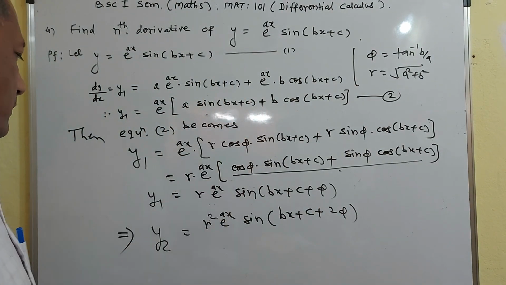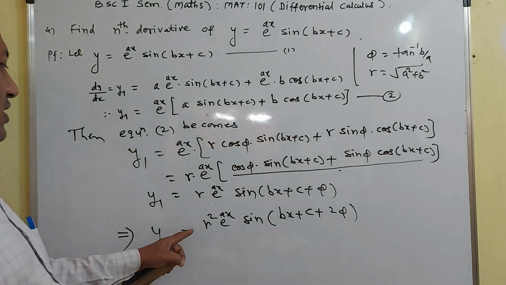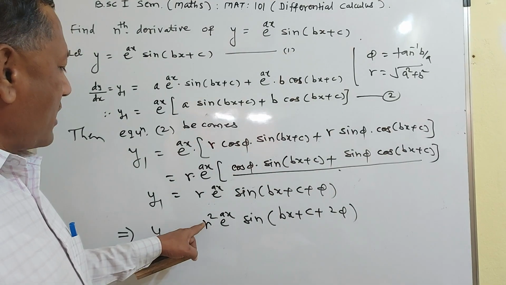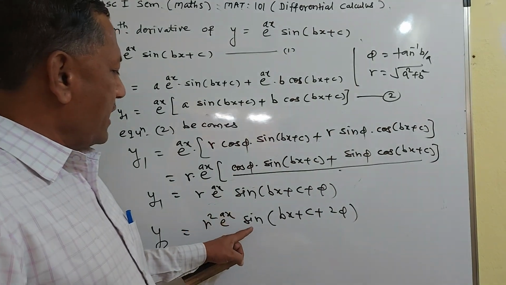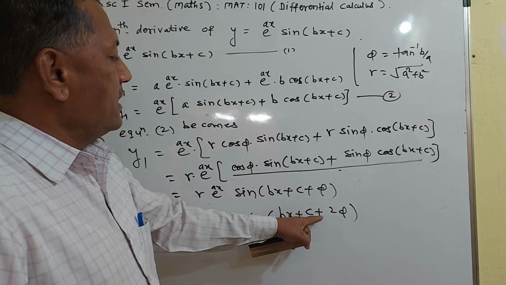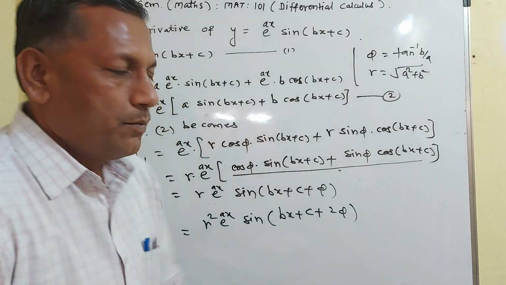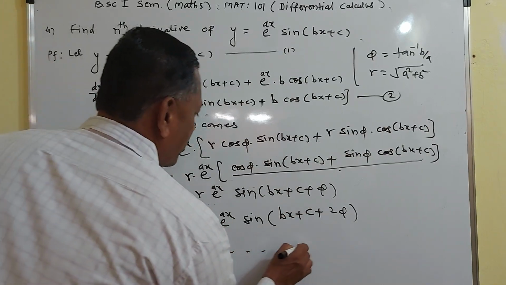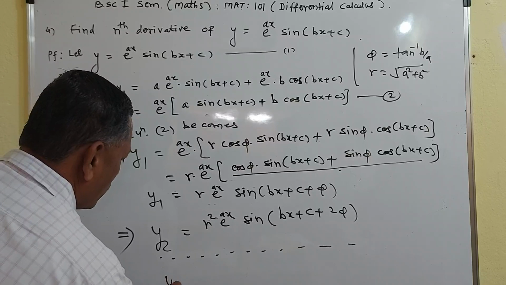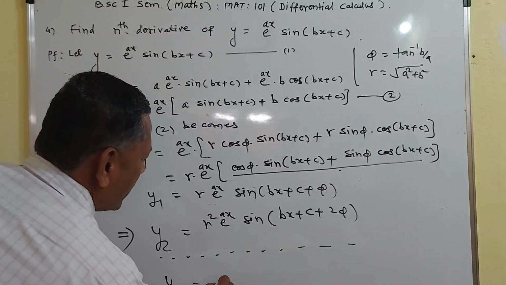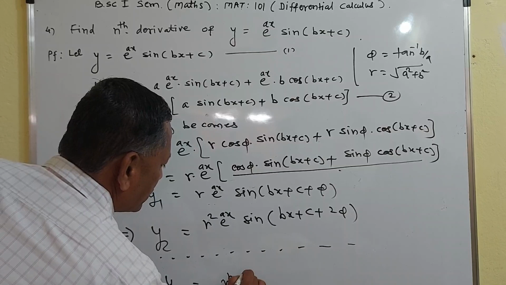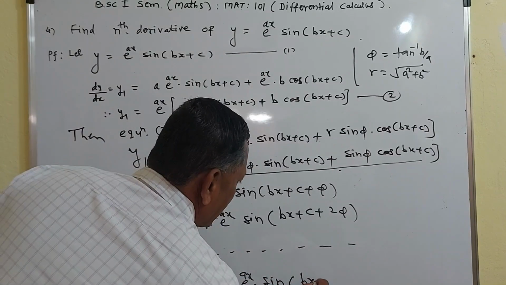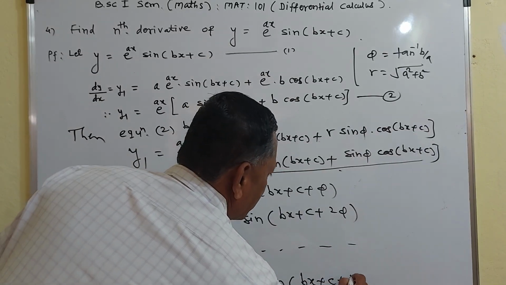Similarly, y3 is r cube into e raised to ax into sine of bx plus c plus 3 phi. Similarly you get y4, and lastly yn is r raised to n into e raised to ax into sine of bx plus c plus n phi.